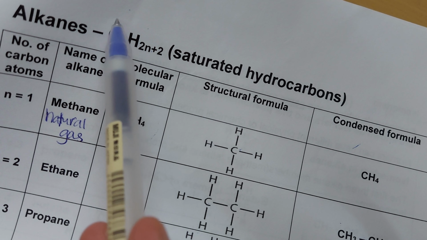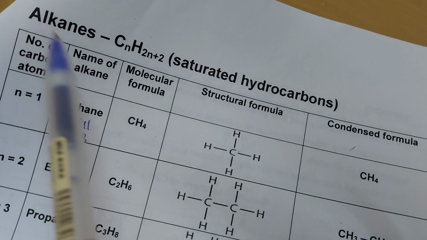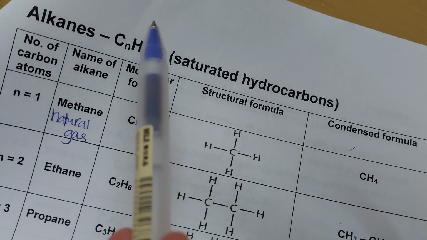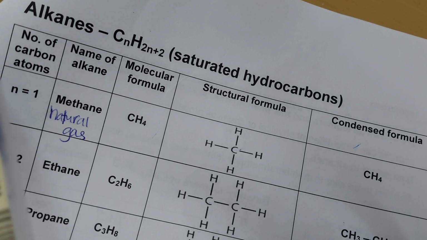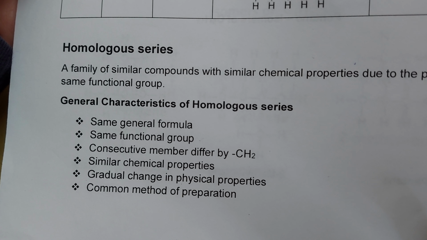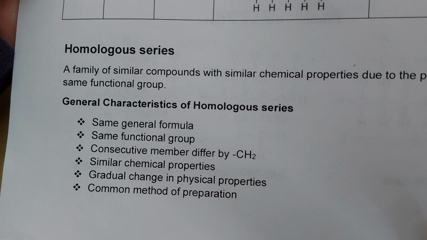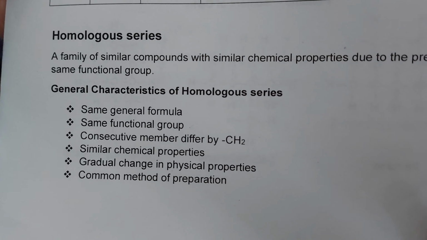We're going to get back to what a formula is, but for now, we just need to know that every compound in a homologous series has the same formula, which makes them different from other homologous series. The next one is having the same functional group, and of course we know that compounds in the same homologous series have the same functional group.